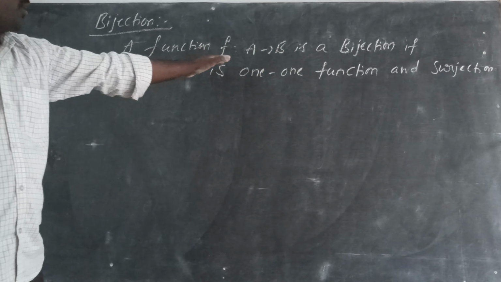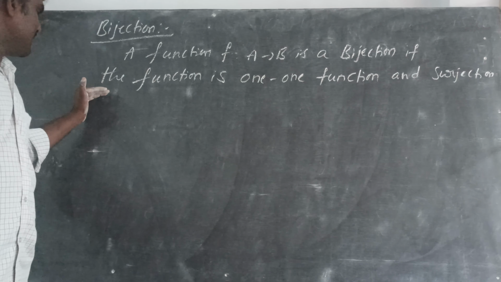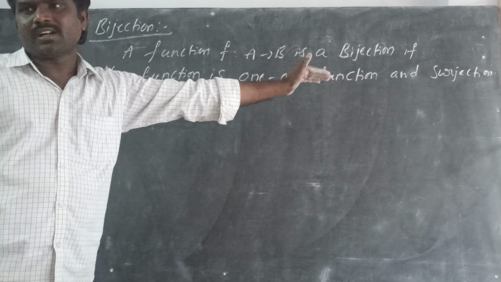A function f from A to B is a bijection if it is a one-to-one function and an onto function.